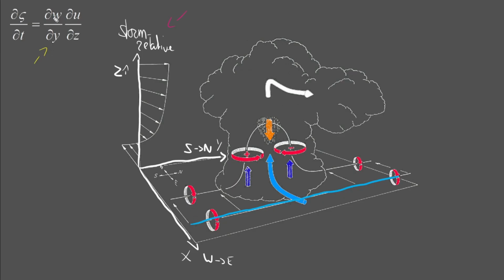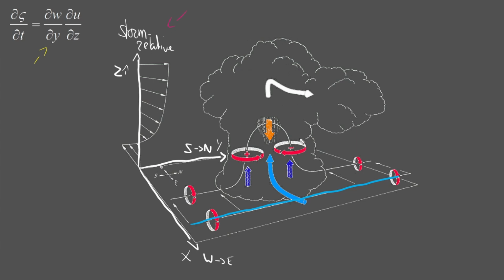This is our dw/dy. The more you increase in y, the more w goes up, which means dw/dy is positive here. And the more you go away from the center of the updraft to the right, dw/dy is negative. Why? Because as you move along the y-axis, vorticity is now negative.